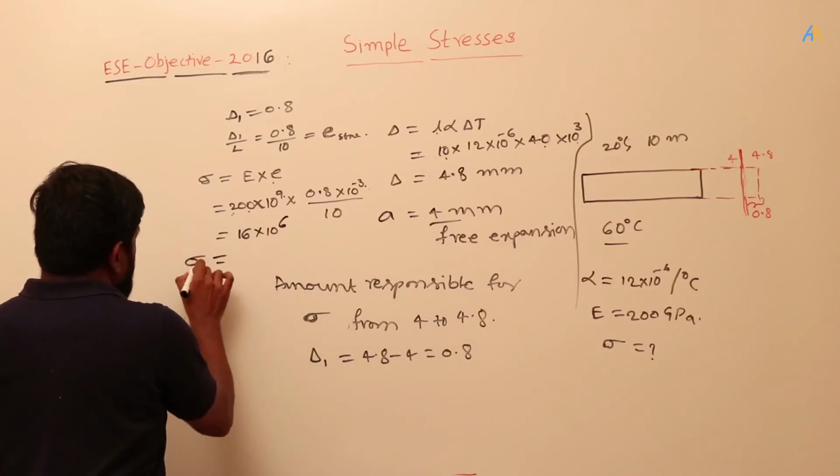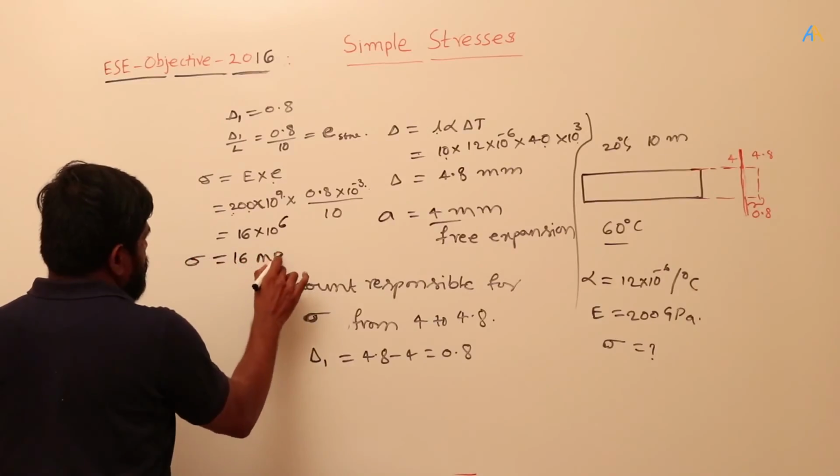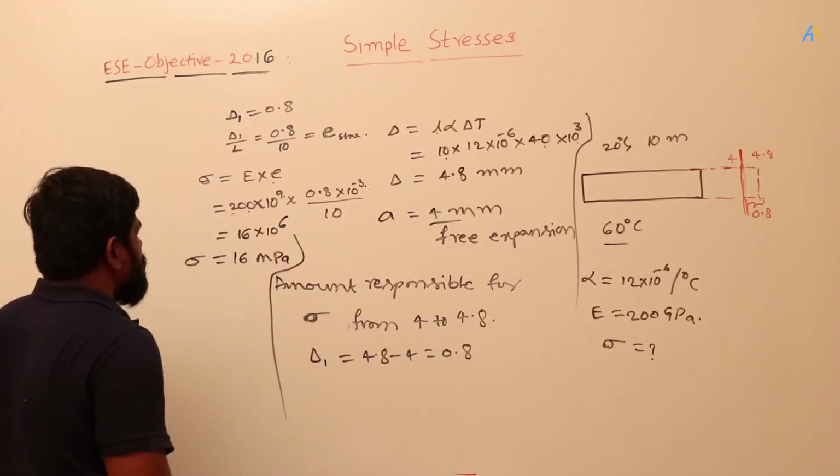That means sigma equals 16 megapascal. That is the value we are getting here.